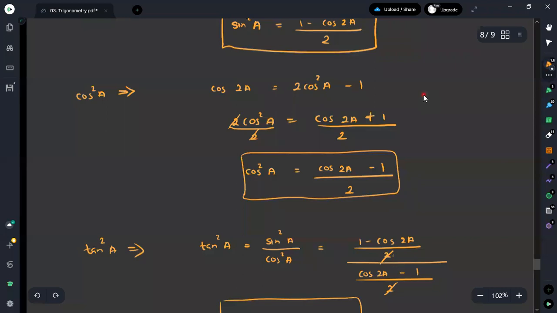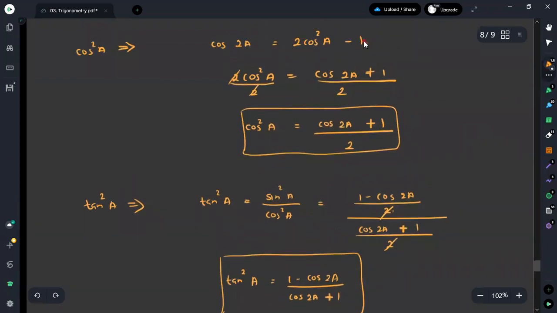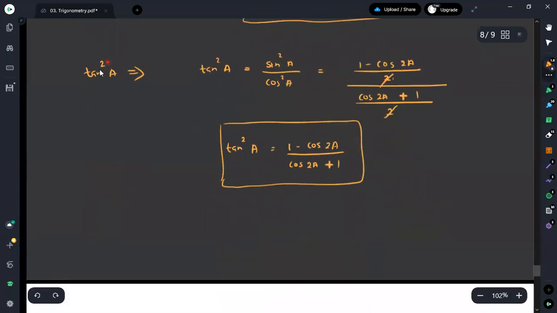Therefore this should be a plus value. This is a mistake which I have made, and it is the only change I need to do. Since I am taking this minus 1 to the left hand side, we have to take it as a plus 1. That is why we are writing it as cosine 2A plus 1. Therefore, this has to be corrected as (cosine 2A plus 1) divided by 2, and we are using the same equation for obtaining the answer for tan squared A. We can use it here as well.